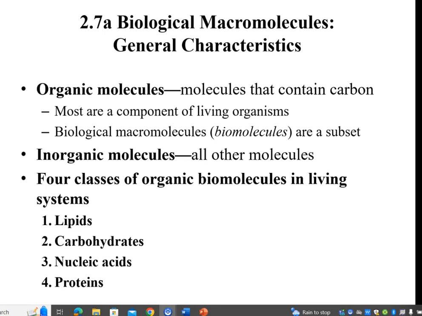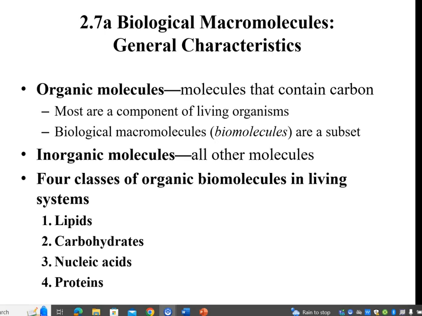Most are a component of living organisms, and among the components, a subset are biological macromolecules. Inorganic molecules would be all other molecules. So water is an inorganic molecule because it does not contain carbon bonded to hydrogen. Carbon dioxide, even though it contains carbon, is not organic because it does not have carbon bonded to a hydrogen.